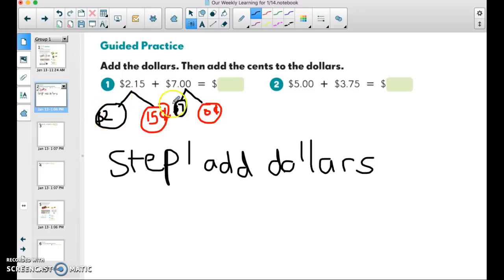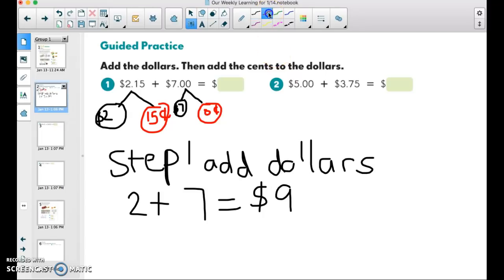I have 2 and I have 7. Notice I skipped over the cents because my step 1 is add the dollars. So I'm going to take 2 plus 7. And that is going to be $9.